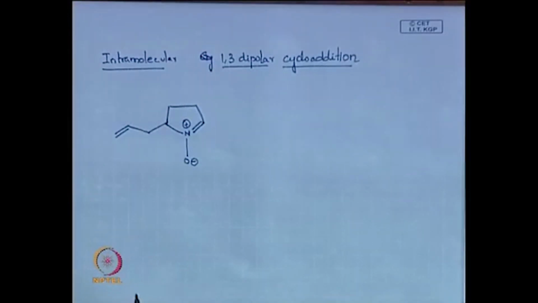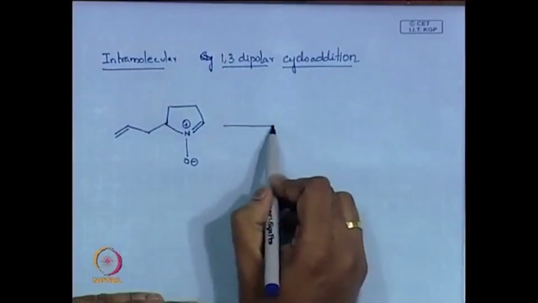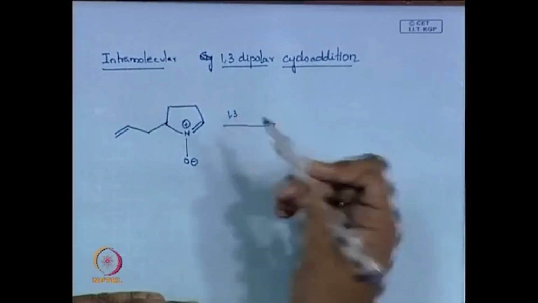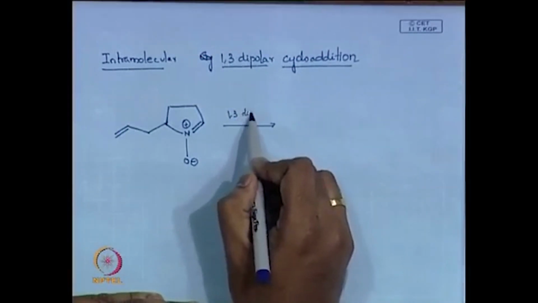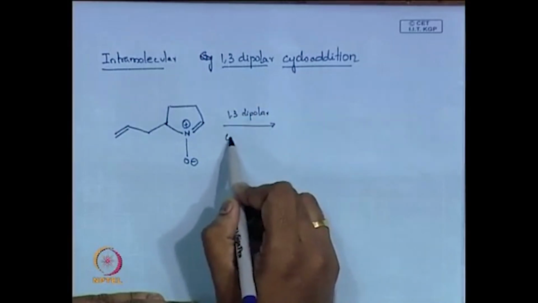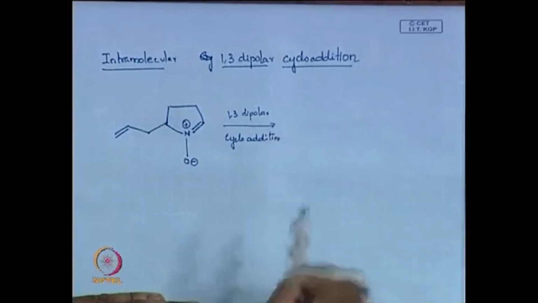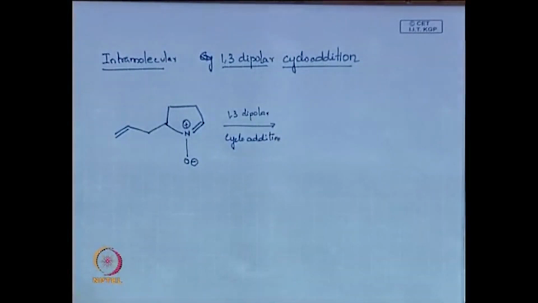So, a cyclic nitrone. Now, if I do a thermally activated reaction, you end up with a 1,3 dipolar cycloaddition. So, how does it happen?